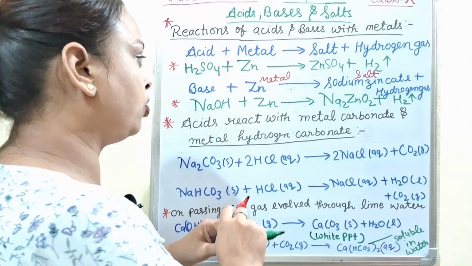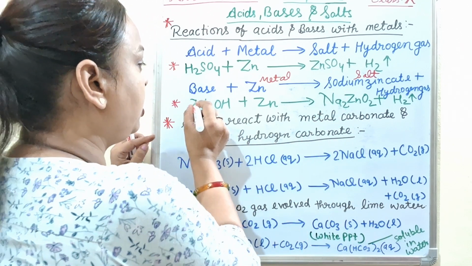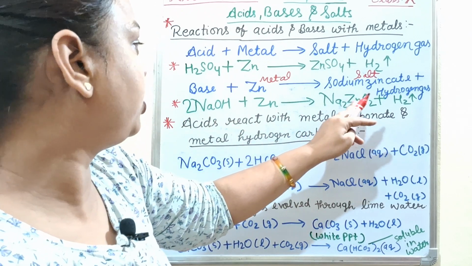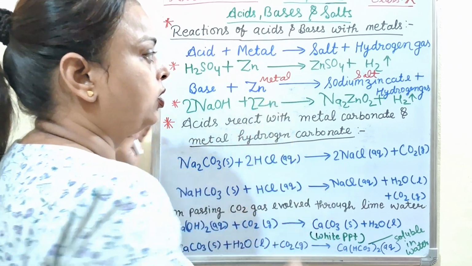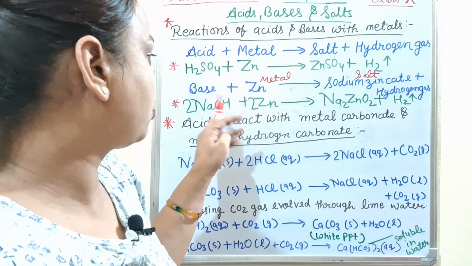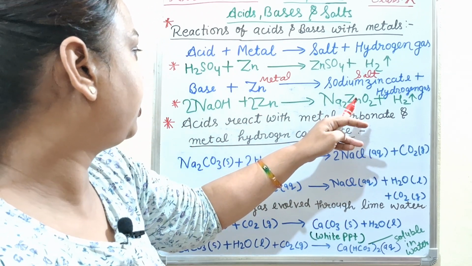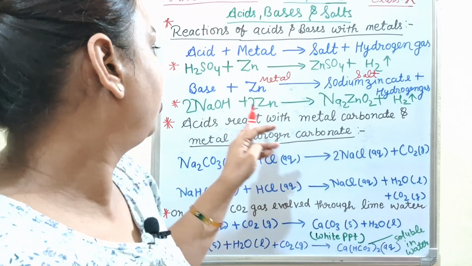Now balance your reaction. Here sodium is 2 and oxygen is 2, so you write here 2NaOH. Here Na2ZnO2, and Zn also. Then this reaction is balanced now. H2 is 2, 2Na, 1Zn, O2.